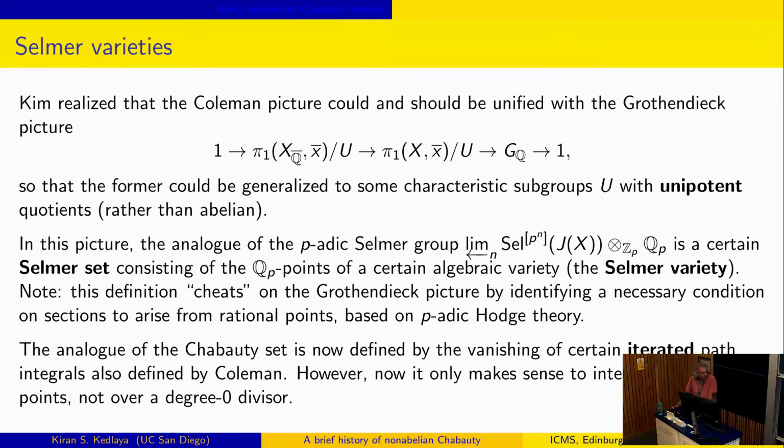And the other thing that makes this particularly accessible to work with is that you get coordinates on this thing by doing iterated path integrals, which were also introduced by Coleman. So Coleman's theory includes iterating the construction.